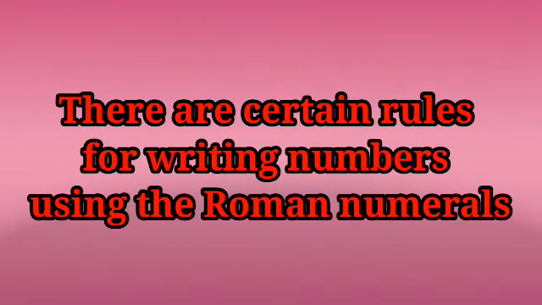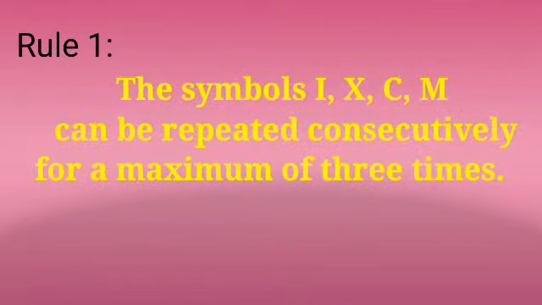There are certain rules for writing numbers using the Roman numerals. Rule number 1. The symbols I, X, C, M can be repeated consecutively for a maximum of 3 times.